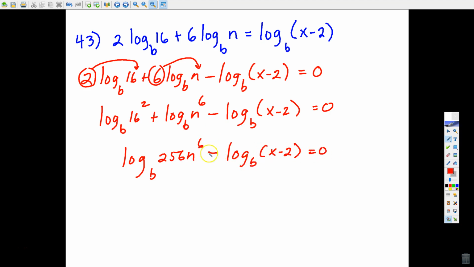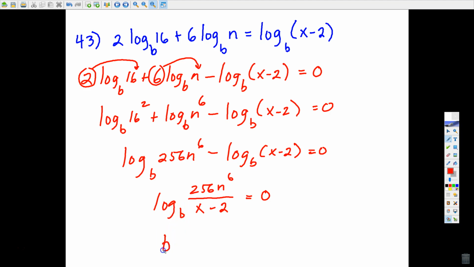Now we're subtracting, so we can join these together using the quotient property. So we have log base b of 256 n to the sixth over x minus 2. Once again, very important, when you get to single log equation form, change it to exponential equation form.